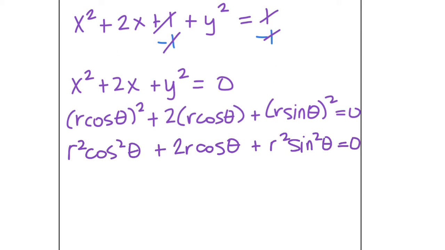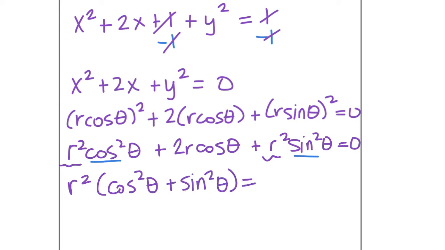So I know from the previous problem that if I can get cosine squared and sine squared together, those will cancel out. Like, well, it'll just equal 1. So let's put those together. I also noticed that they both have r squares in front. So we're going to factor that out and have cosine squared plus sine squared.